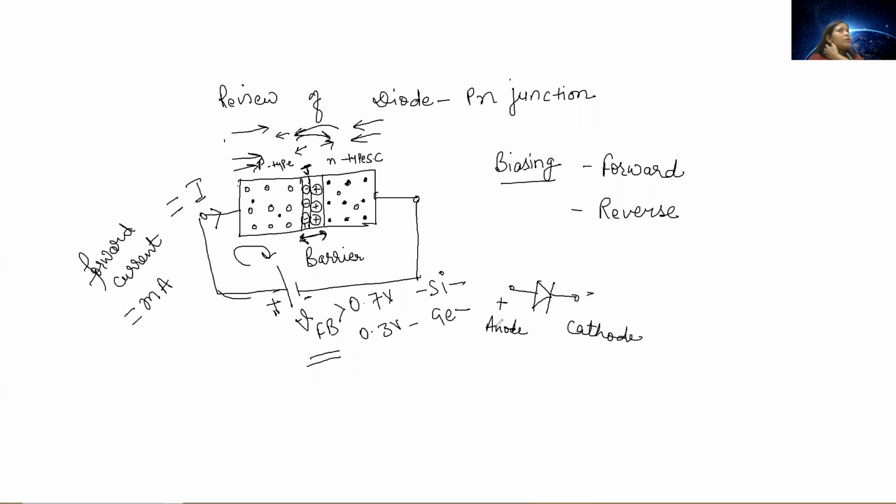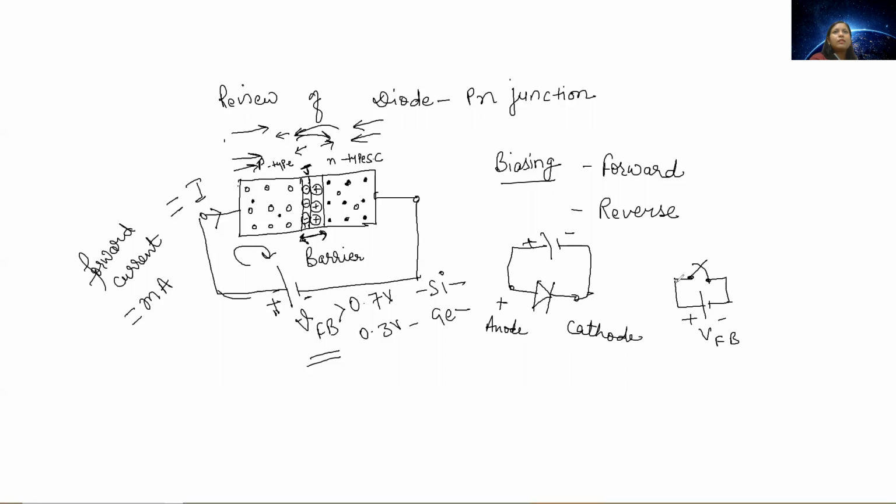So the positive terminal is called anode, negative terminal is called cathode, and if it is forward biased, means battery positive is connected to anode and negative to cathode, then it behaves as a switch which is short circuited.